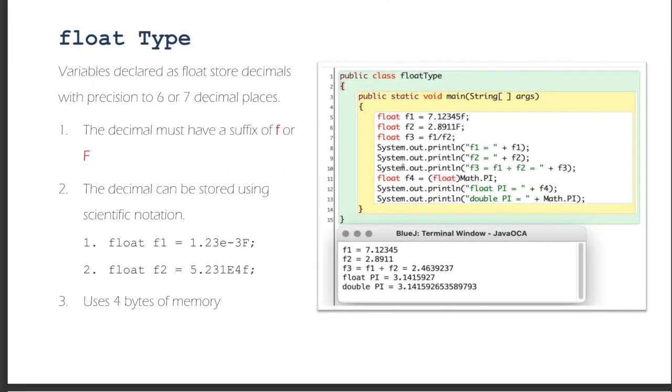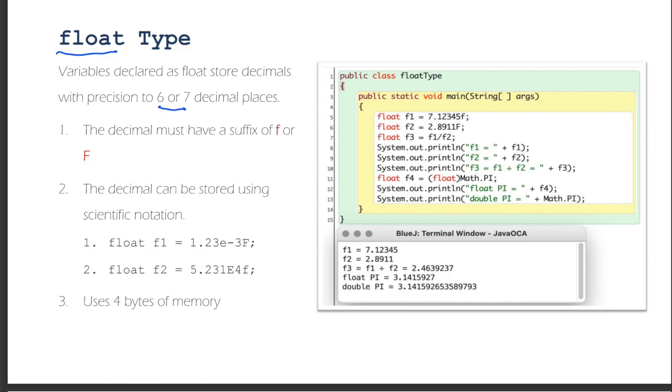So next is our float type. Variables declared as a float store decimals with precision to 6 or 7 decimal places. That is what I found in multiple sources. It's not just 6 or 7, it's either or.